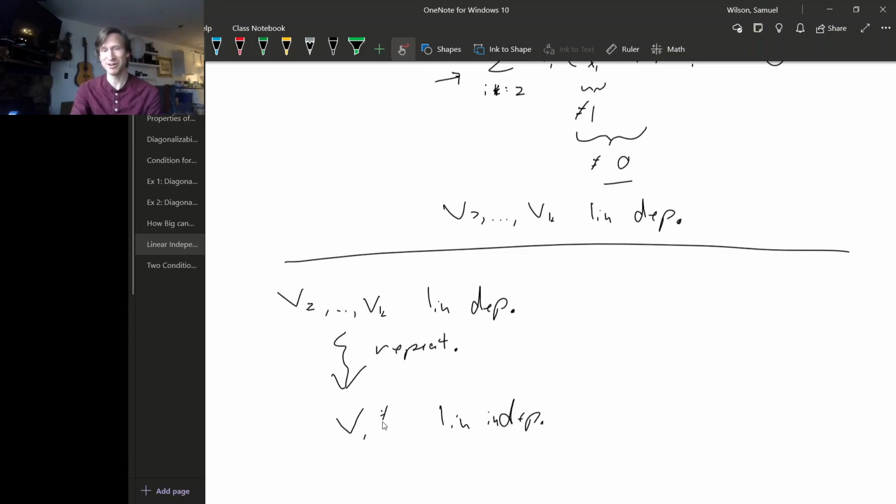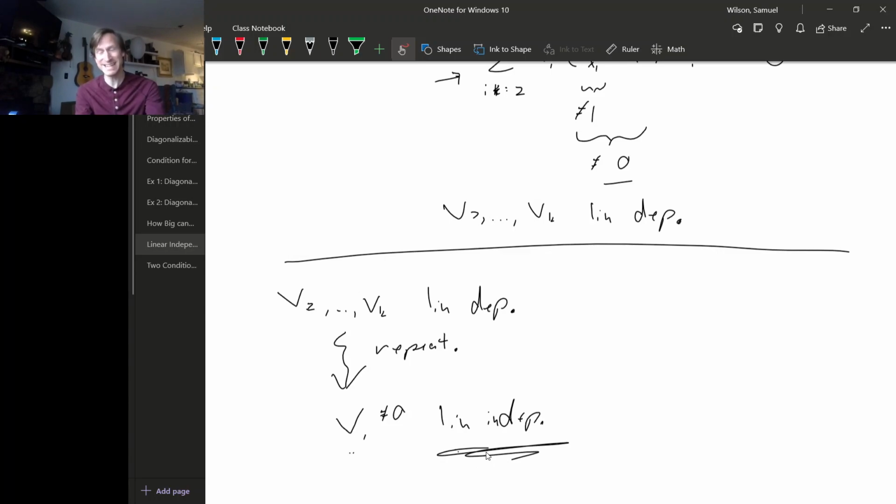because it's non-zero. So what we assumed was that these eigenvectors were all linearly dependent. We showed that one by one we can throw away vectors and still maintain our linear dependence. But we derive a contradiction because what we find is that a single vector has to be linearly dependent. But that isn't the case. A single vector isn't linearly dependent.